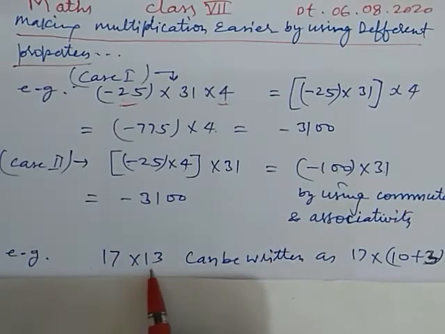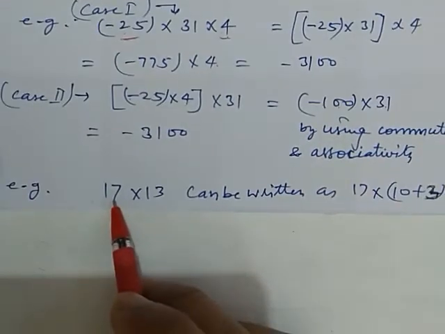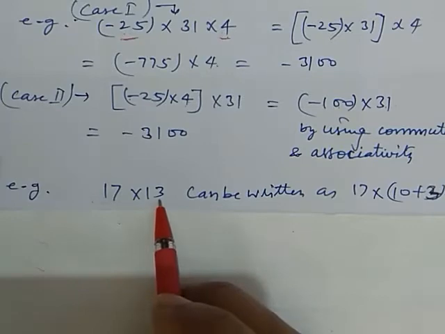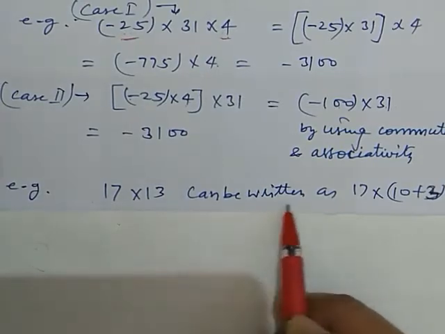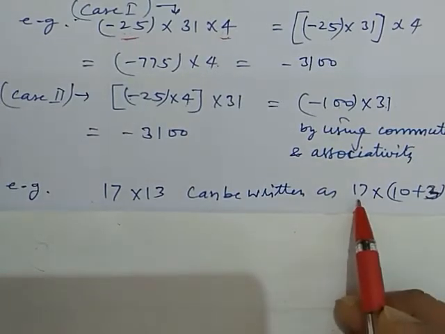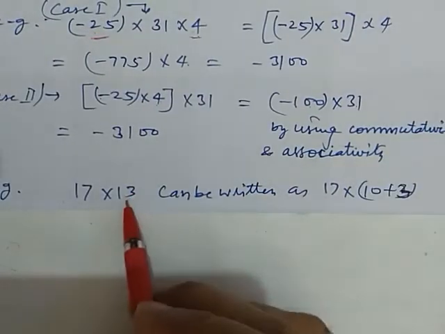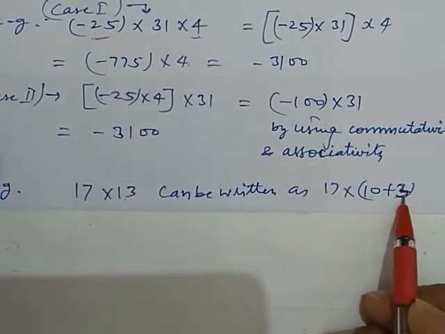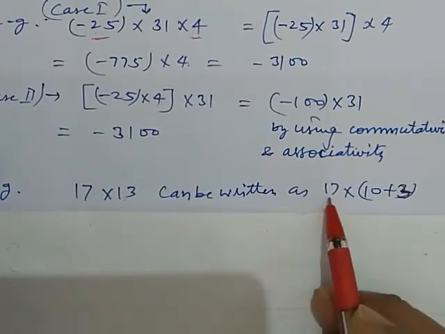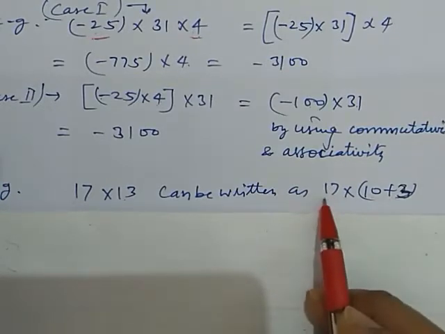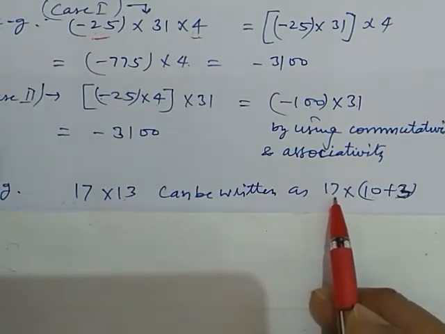Now take one more example. 17 into 13 can be written as 17 into 10 plus 3. This 13 can be written as 10 plus 3. Now we may use the property of distributivity.